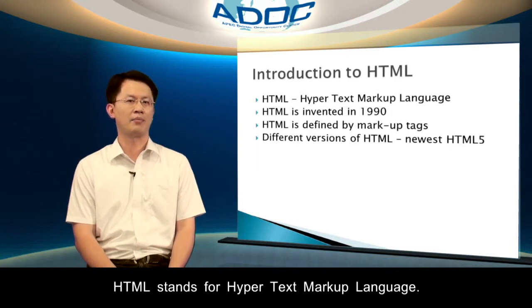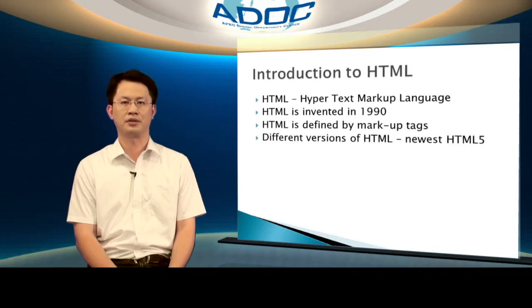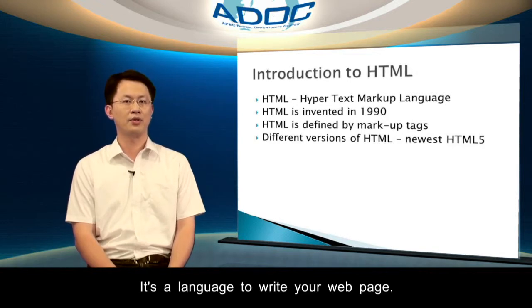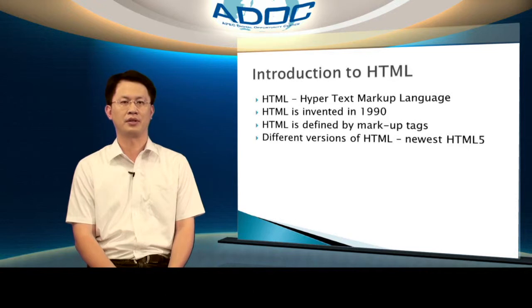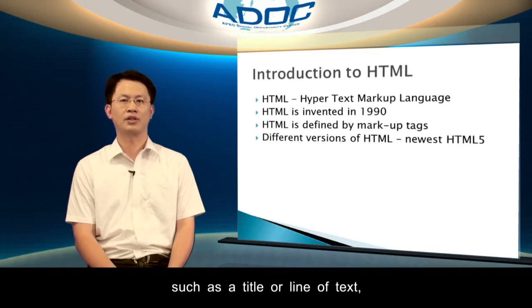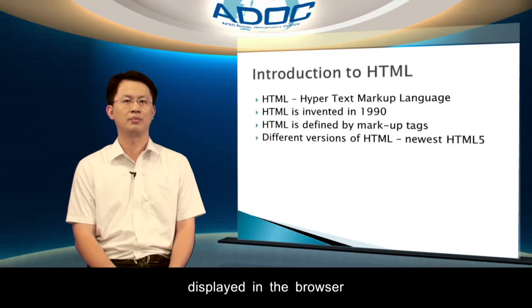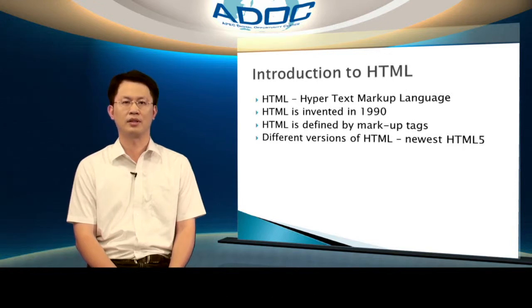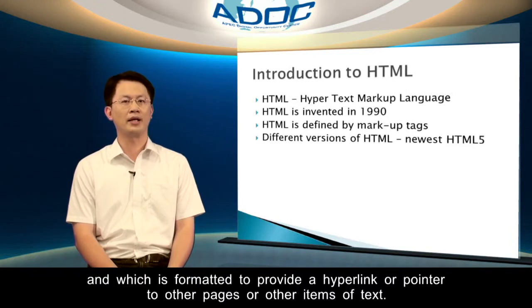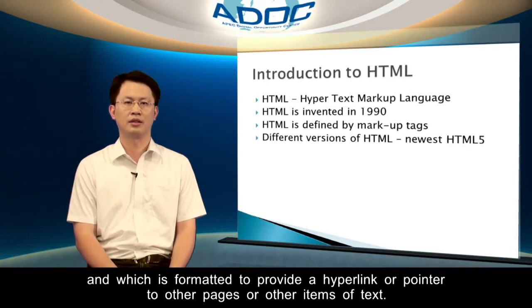HTML stands for Hypertext Markup Language. It's a language to write your web page. Hypertext is a normal text string, such as a title or a line of text, displayed in the browser, which is formatted to provide a hyperlink or pointers to other pages or other items of text.